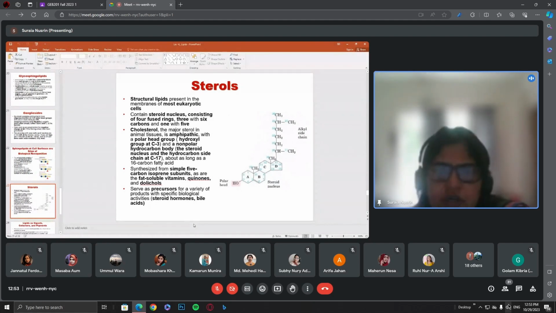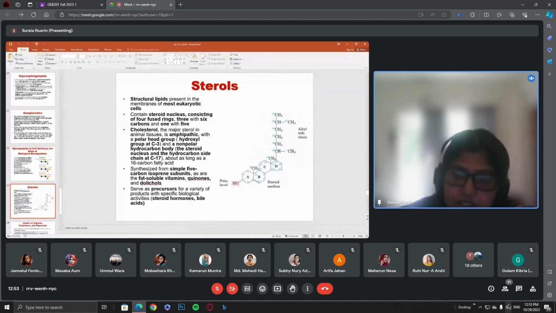And the structure of the sterols is different from the membrane lipids we learned so far, because the sterol has a circular or ring structure. We call that the steroid nucleus, and that nucleus is made up of 4 fused rings.